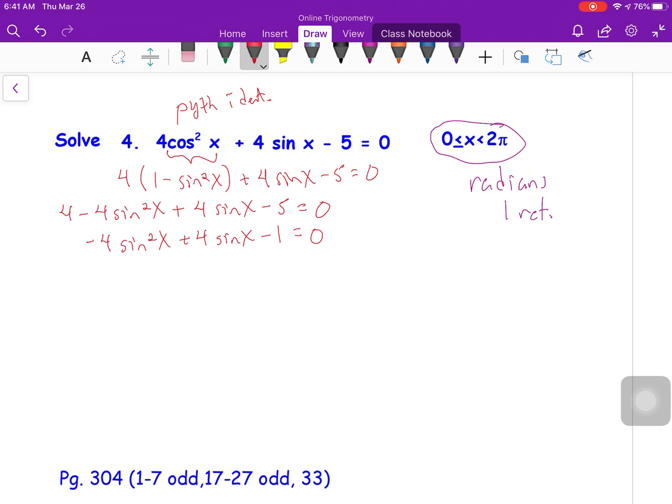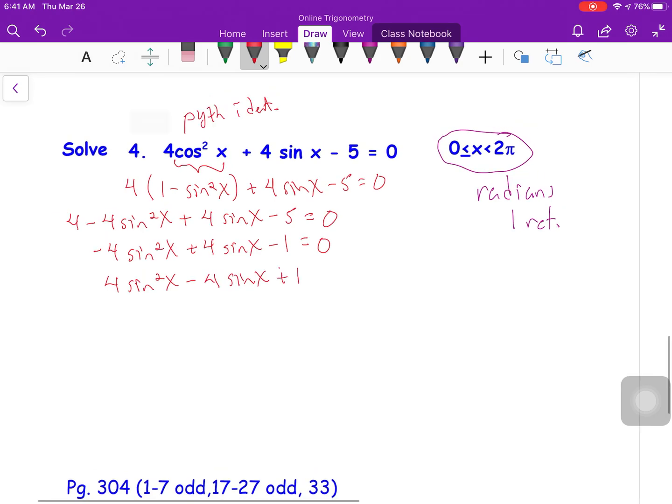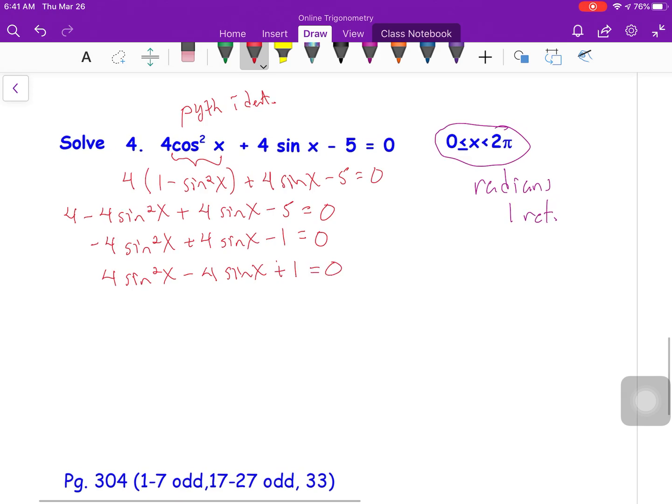The leading coefficient here is negative, so I'll divide everything by -1. 4 sine squared x minus 4 sine x plus 1 equals 0. And this one, once again, does factor. This time, to factor the 4 sine squared x, I'm going to choose 2 sine x and 2 sine x. The last ones are 1 and 1. To get a negative, I need negative and negative.